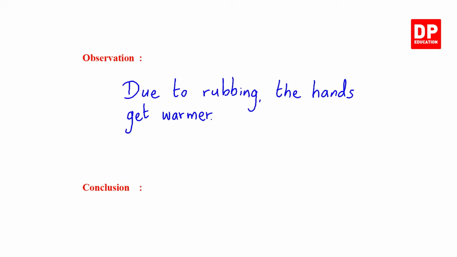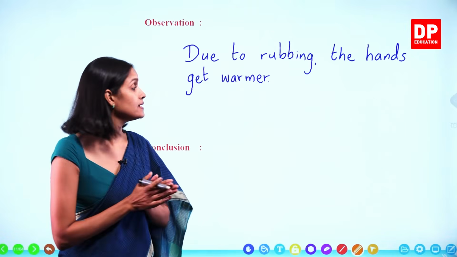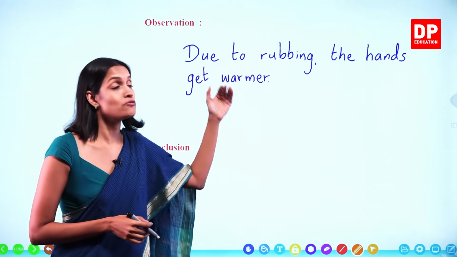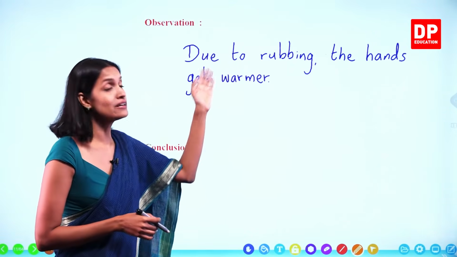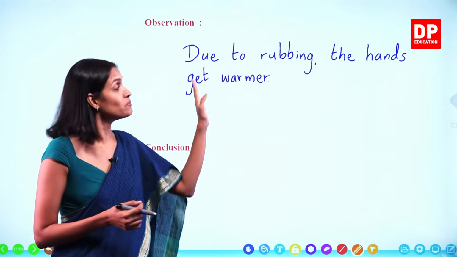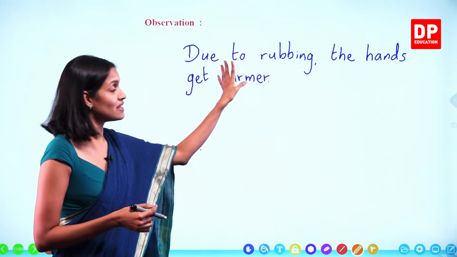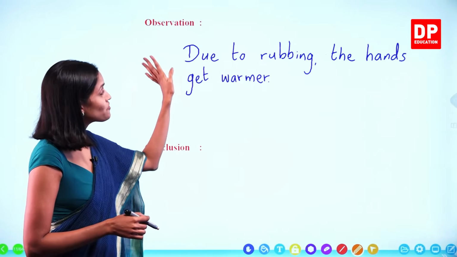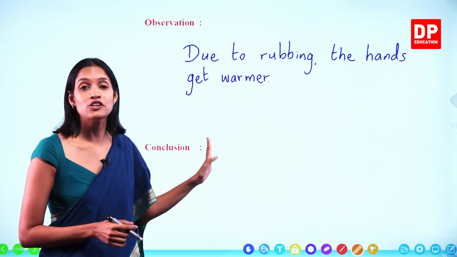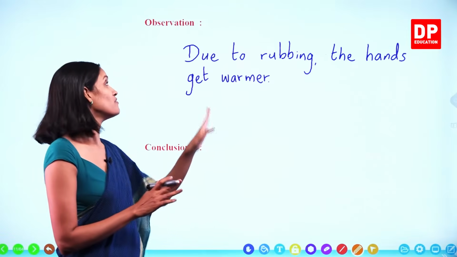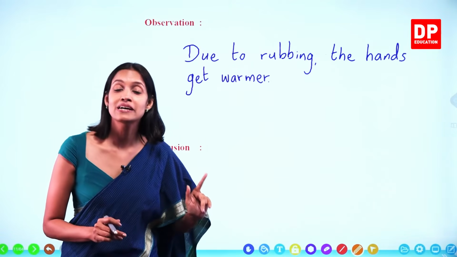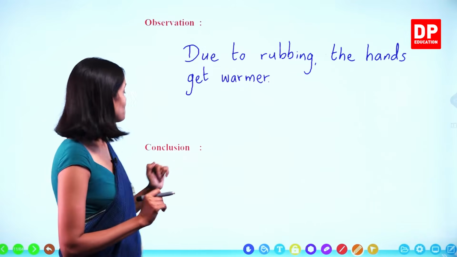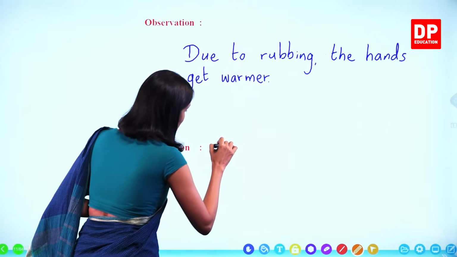So due to rubbing, the hands get warmer. What is the reason? When we rub our hands together, heat is generated, and because of the heat generated, the hands get warmer. Right? So therefore, this is the first method of generating heat, by rubbing two objects. After doing this activity, it's very clear, by rubbing two objects, we can generate heat. Okay? Conclusion.